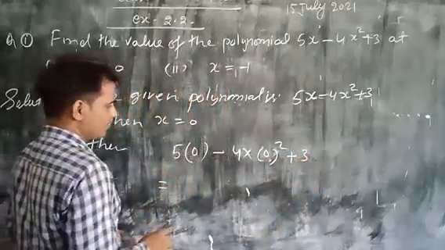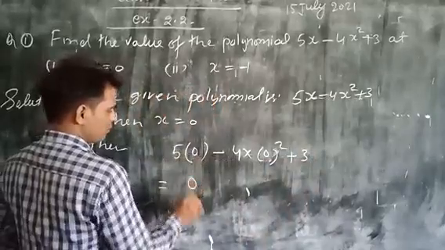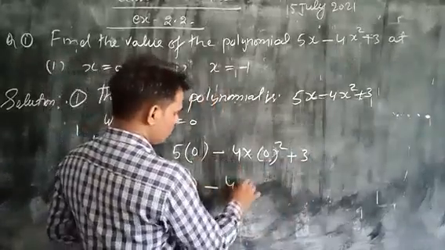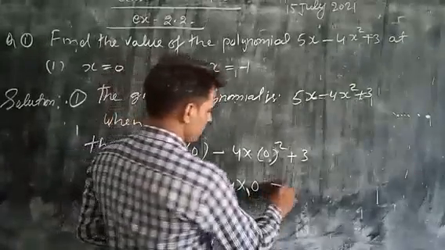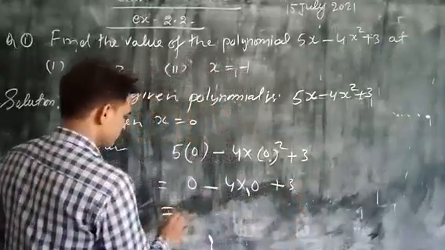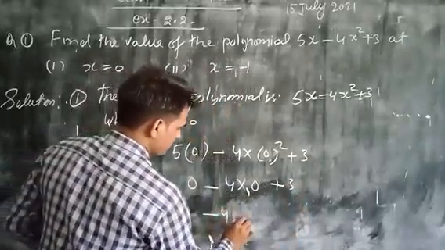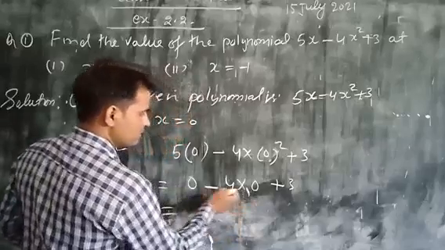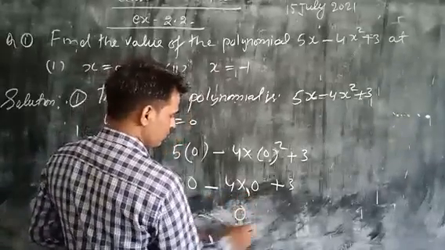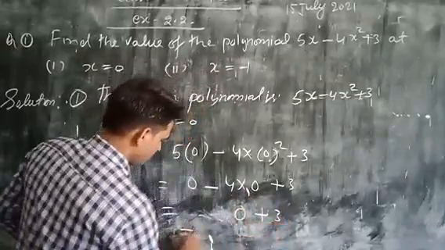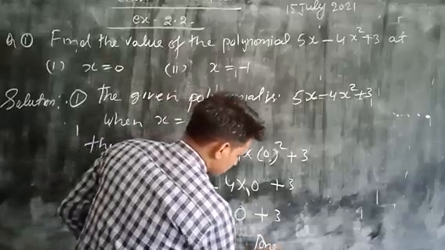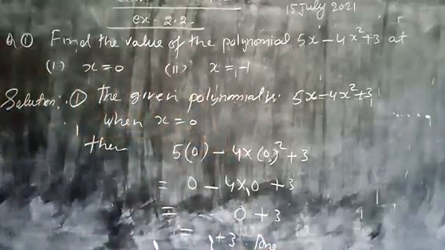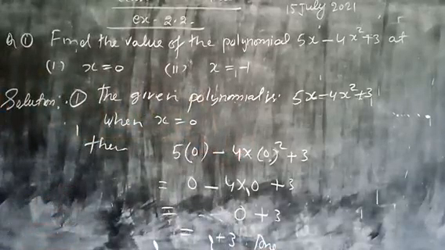On calculating, 5 into 0 is equal to 0, minus 4 into square of 0 is also 0, and plus 3. So finally we get plus 3. That is the solution of the given polynomial.